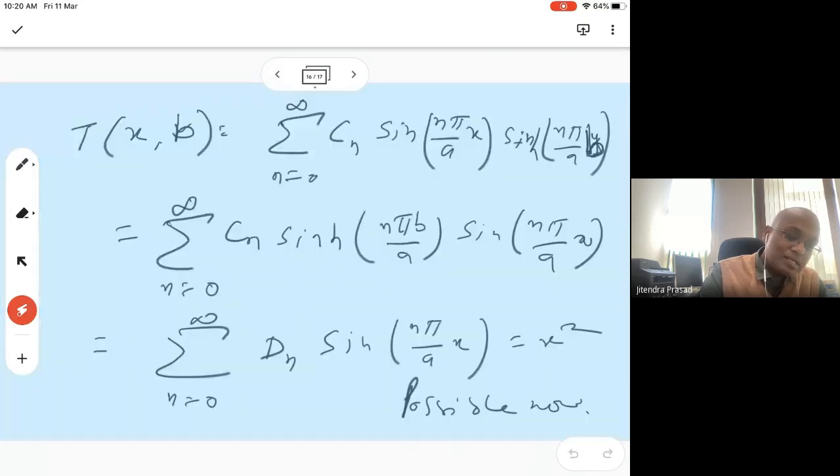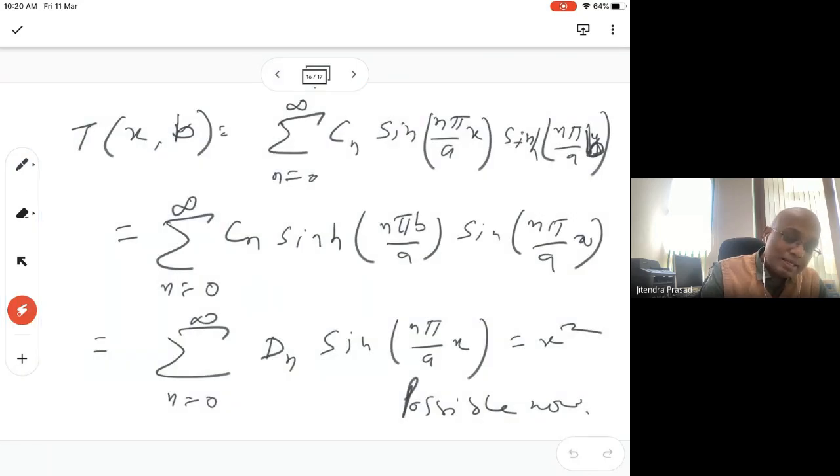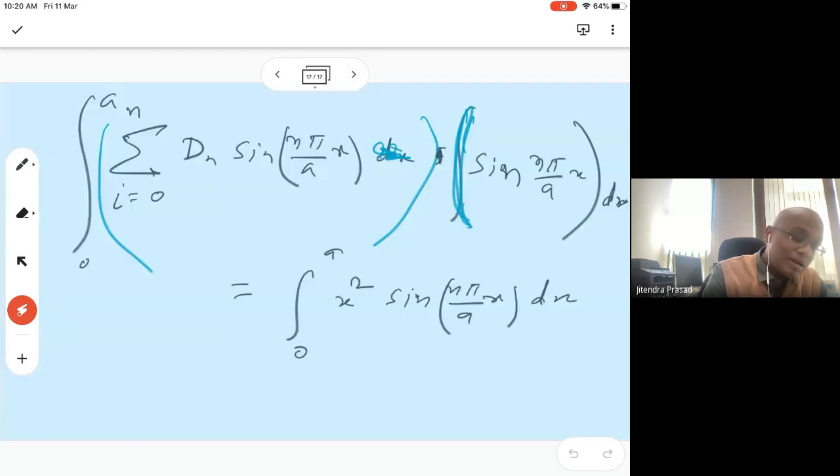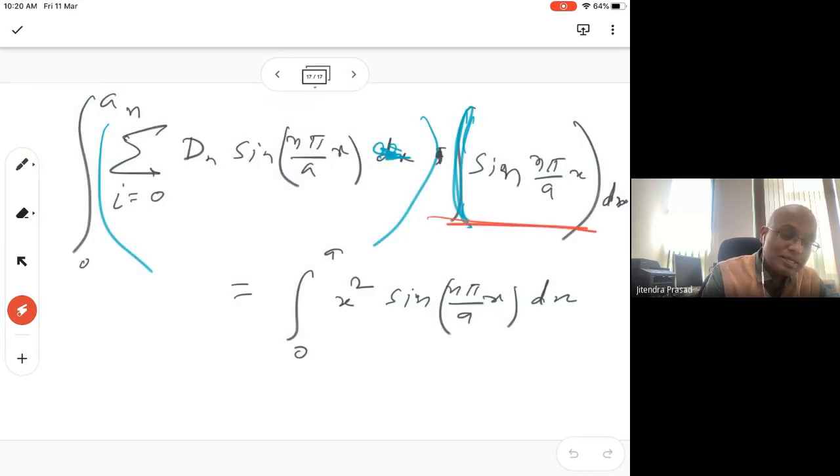So we multiplied this on both the sides, sine n pi over a x, and integrated from 0 to a on both sides.